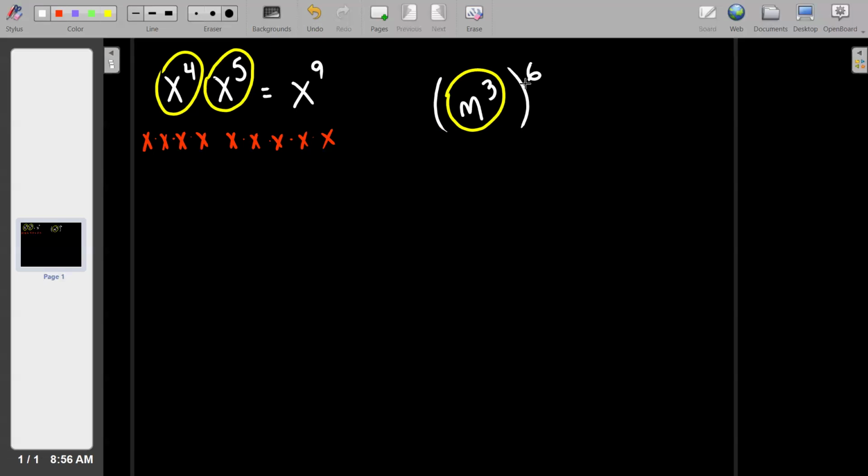We wouldn't do the same thing with this situation as we would with the last. So with this one, I want everyone to know that when you have a pre-existing exponent and you exponentiate once again, it's like a double up of exponents, that you will multiply those exponents together. So you will keep the base the same, but 3 times 6 makes 18.